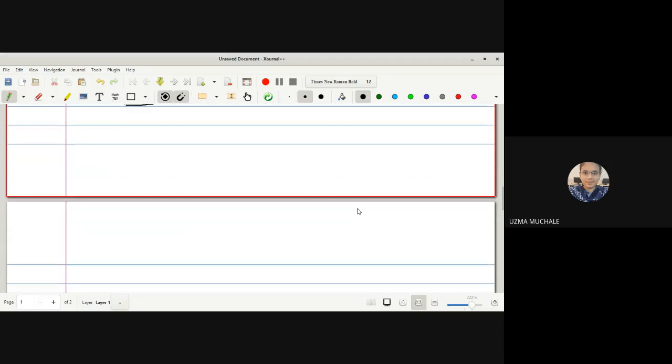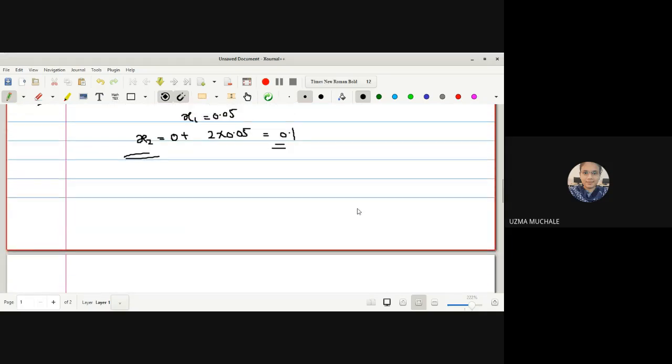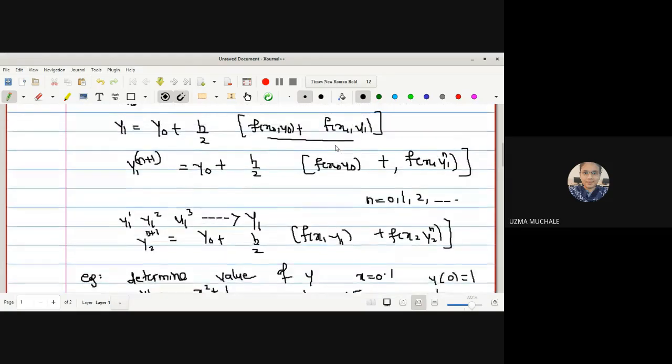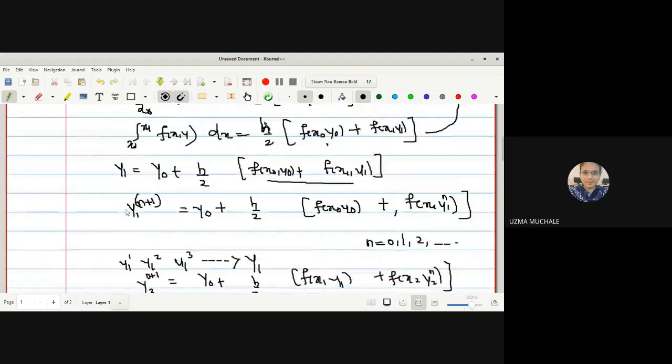Let us proceed with the example. What we have to do? First, we will find y1 naught. From the formula, you can see that first we will need y1 naught. How to find this y1 naught? With the help of our usual formula.